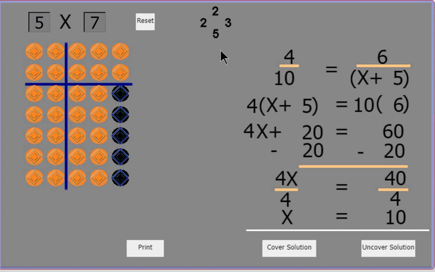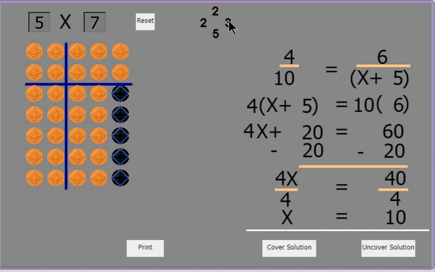This diamond of numbers up here gives you factors of the partitioned area. For example, at the top left, we have 2 times 2 equaling 4.